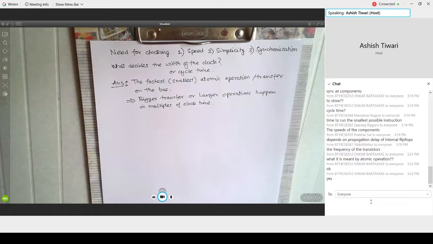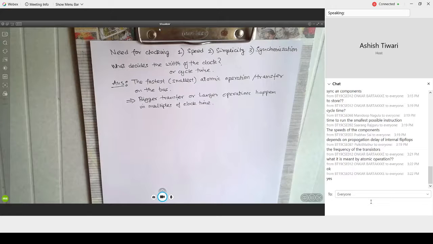So if you observe here, the fastest operation would finish in one cycle. So the fastest operation running burst takes one clock cycle. Right.